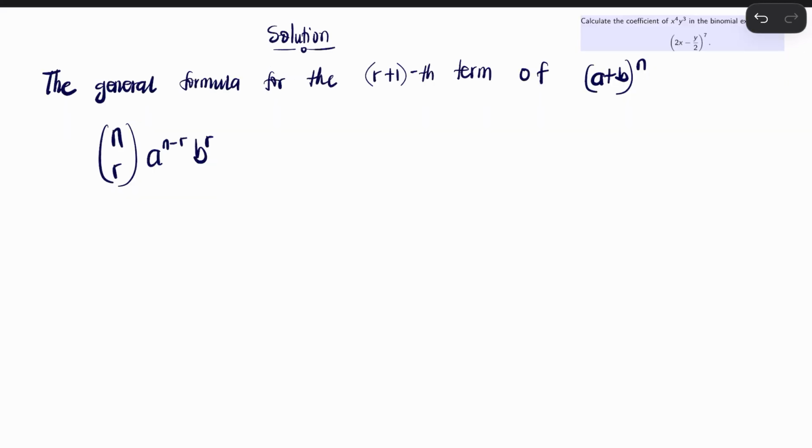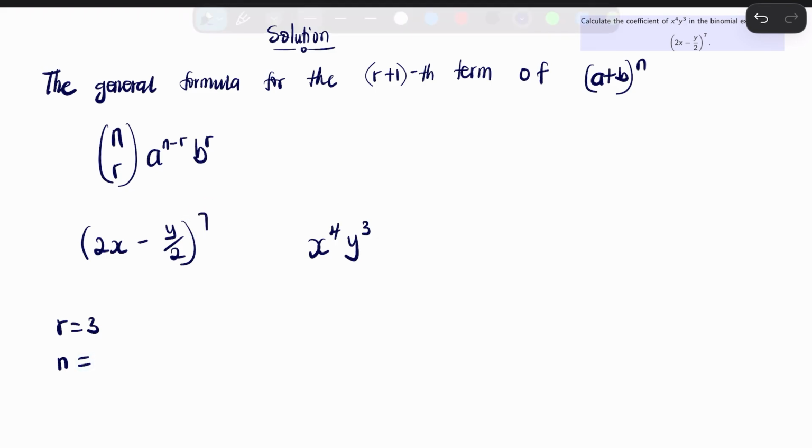From the question, we have (2x minus y on 2) all exponent 7. And we're being asked to find the coefficient of x exponent 4, y exponent 3, right? And so here, r is equal to 3, and n, which is the exponent here, is 7. So n is equal to 7.